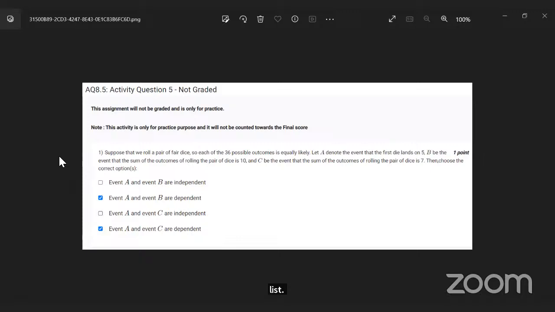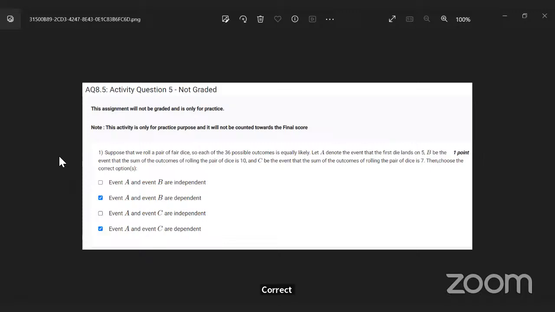Yeah, that's what I was thinking, because A and B are dependent: we are talking about getting the total value of 10 given that A lands on 5. Correct.